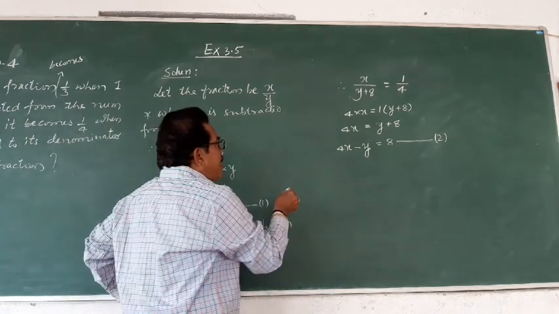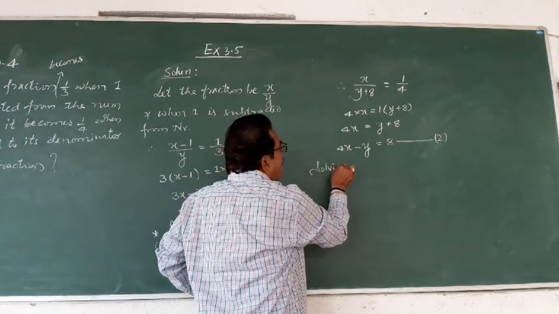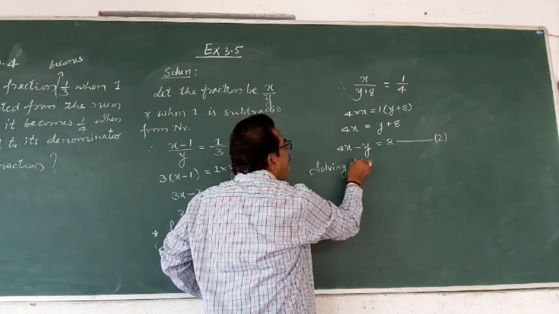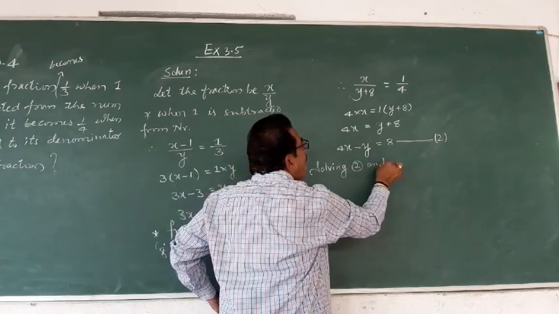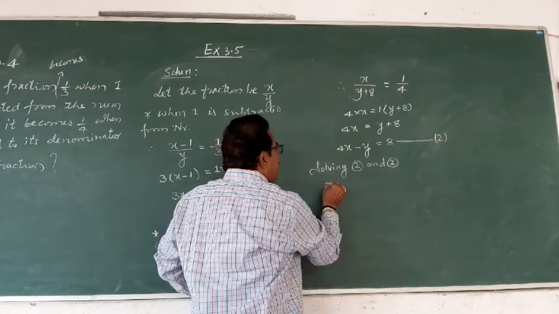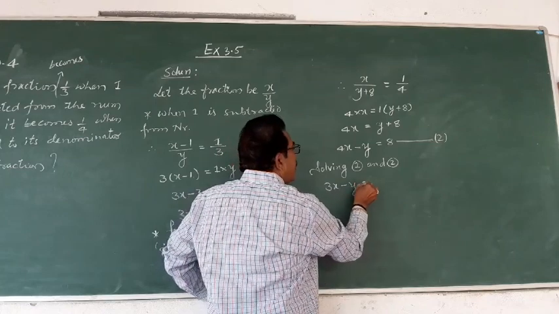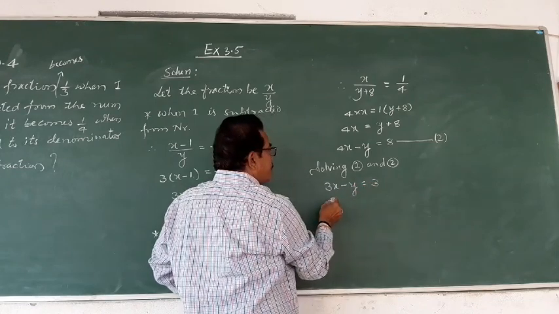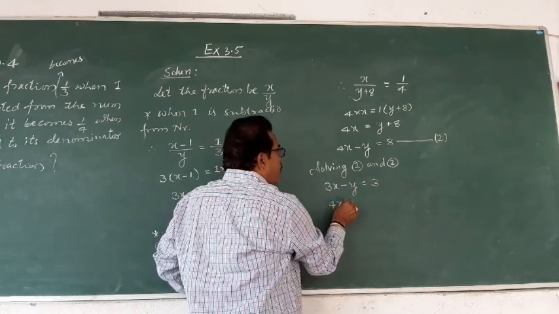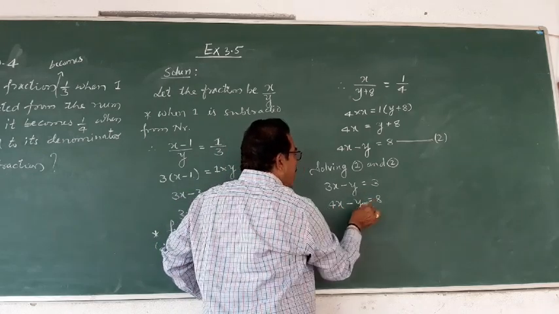Now, solving 1 and 2. 3x minus y equals 3. 4x minus y equals 8.